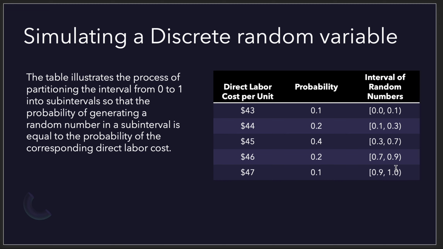Then we look at these intervals and say, hey, 0.4756 lies in this range, so for this particular trial, my value for direct labor cost will be $45. If I generate a number 0.9999, then for this trial, my direct labor cost will be 47 because 0.9999 lies in this range. Any number that you generate between 0 and 1 will be in one of these ranges, and the probability that it is in one of these ranges is exactly equal to the probability values in the distribution itself, right? So that's the idea for a discrete random variable.